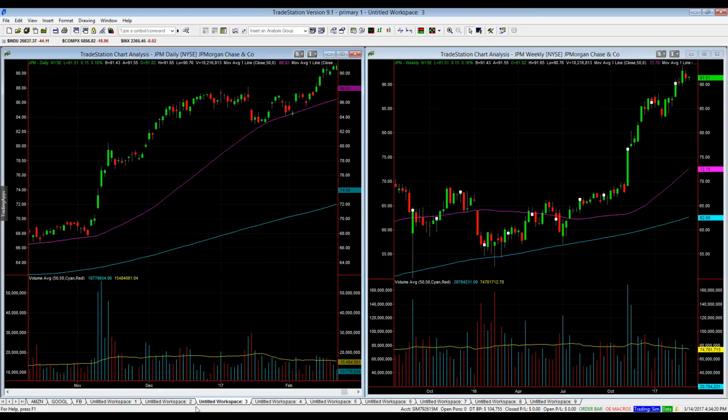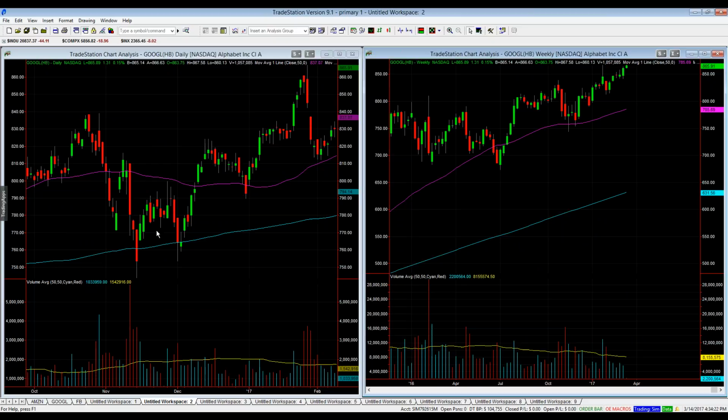Or like on Google, when we're getting a great test on the 200-day back in November, coinciding with the 50-week back in November also. That confluence of indicators, I call it time frame collision because we have a short-term setup as well as a long-term setup. I like that. Gives us more conviction behind the trade.